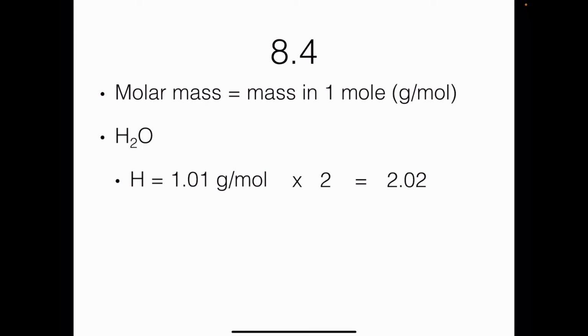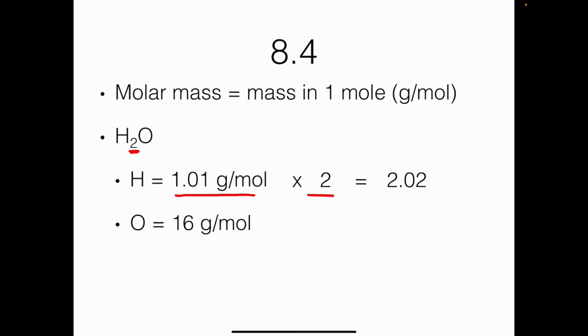So for hydrogen, we know an individual hydrogen atom has a molar mass of 1.01 grams per mole. The 2 comes from the formula right here. So that 2 tells us that we have 2 hydrogen in one formula unit of H2O. So 1.01 times 2 gives us a total contribution from hydrogen in this compound of 2.02.